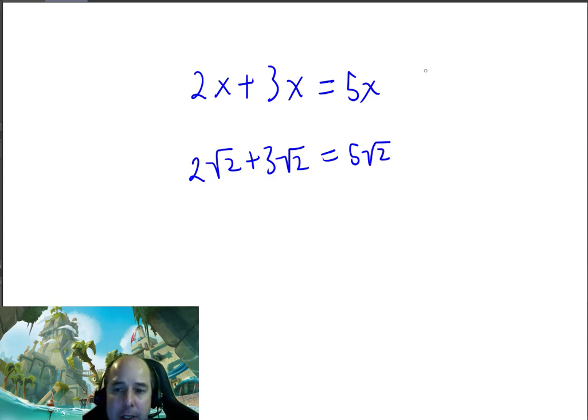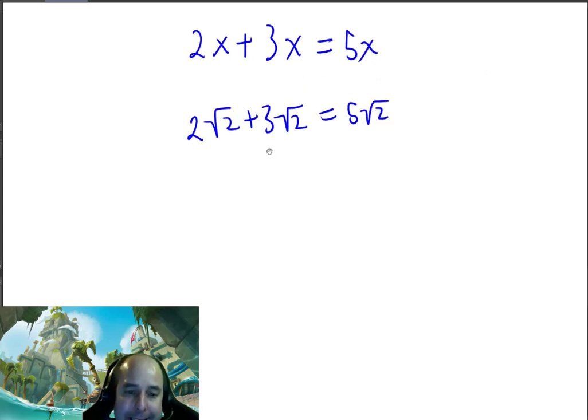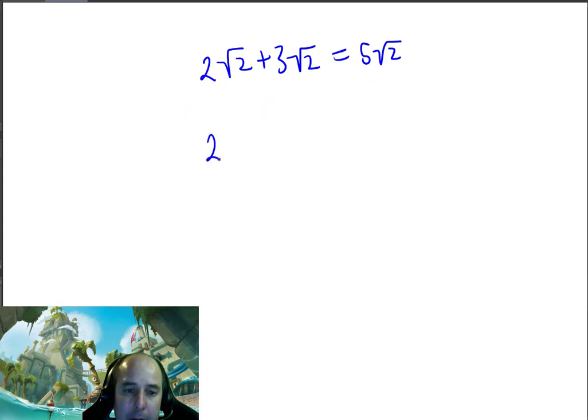In fact, if you were to see 2 square roots of 2, and you wanted to subtract from that 3 square roots of 2, you could think of it as making the square roots of 2 x's, so 2x minus 3x.